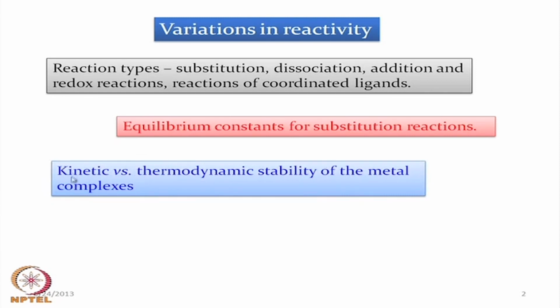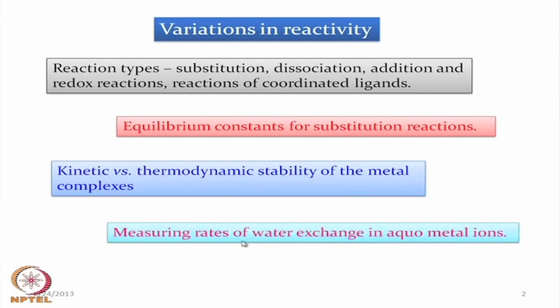The kinetic lability or inertness, and the thermodynamic stability or instability of these metal complexes can be classified in terms of two different terms, one related to the kinetic term and another related to the thermodynamic term.